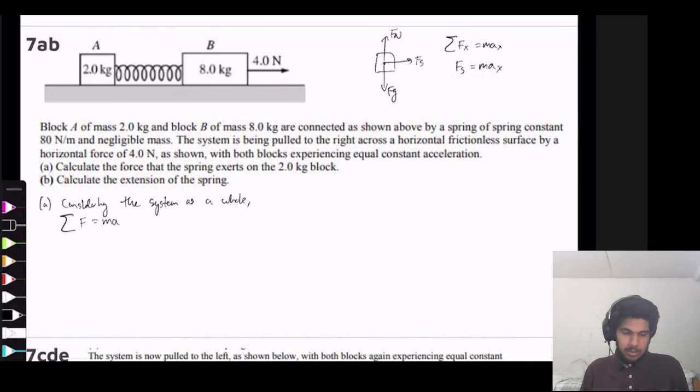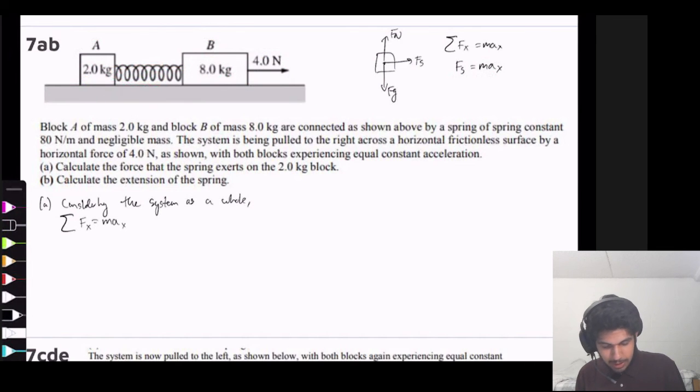In particular, we'll look in the x direction. Really, the only force in the x direction is this 4 Newton force on this entire system. This spring force, yeah, sure, there's a force pointing this way, but there's also a force pointing this way, right? The spring is trying to pull these together, so those cancel out.